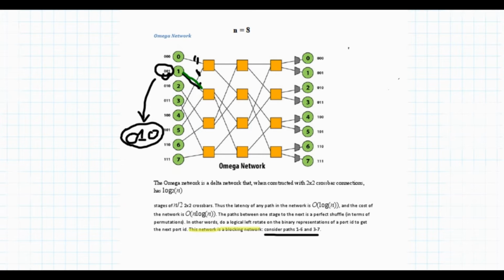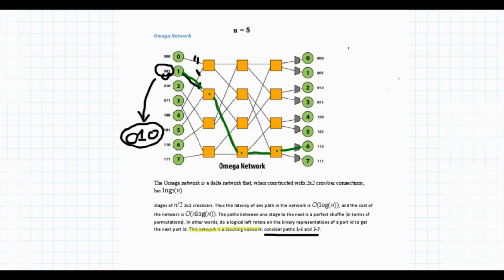This is the path from 1 to 6. Say for the time being, processor 1 is making some kind of communication with processor 6. So it is occupying everything on this green path. That means these switches are blocked by this communication channel.